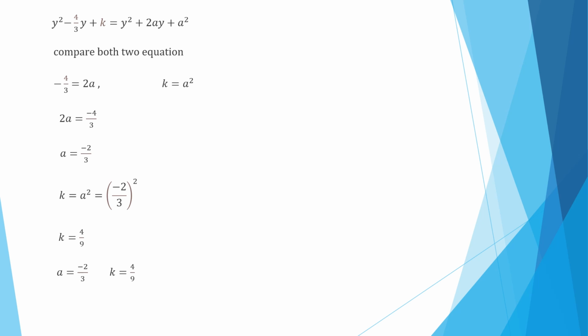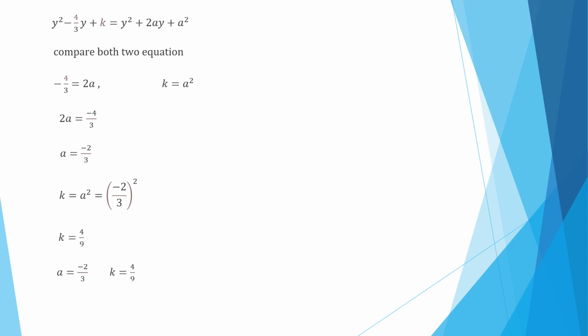Then we write 2a is equal to minus 4 by 3. So a is equal to minus 2 by 3, after dividing by 2: minus 4 by 2 is equal to minus 2, and we get a is equal to minus 2 by 3. Then k is equal to a square.